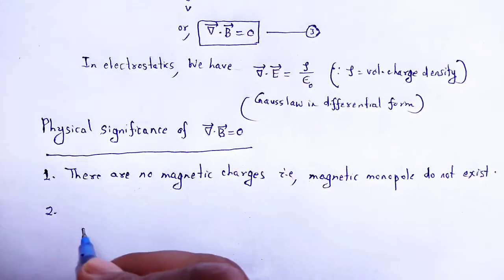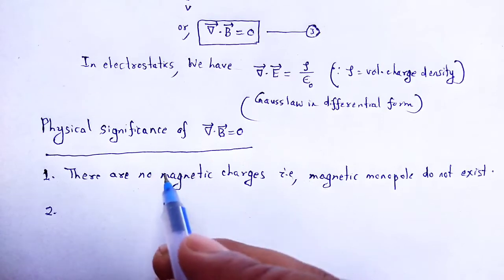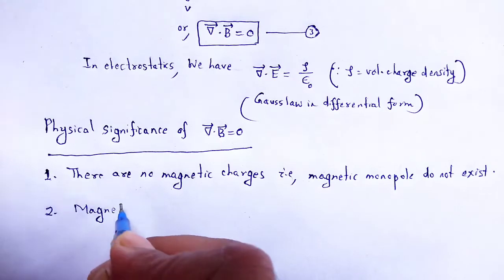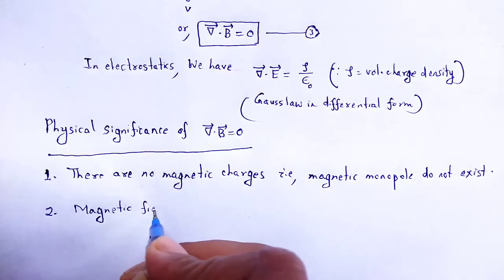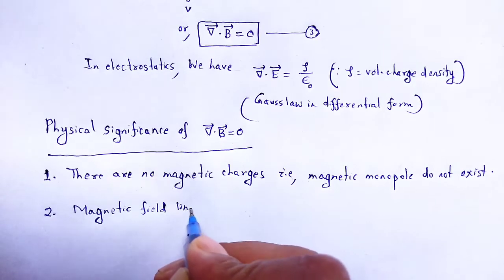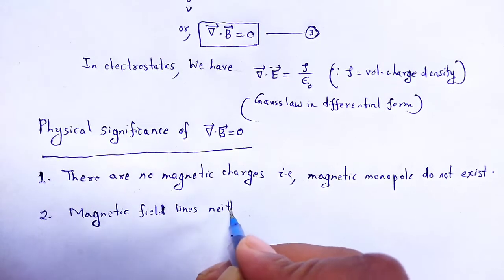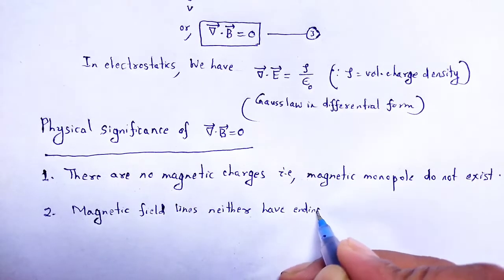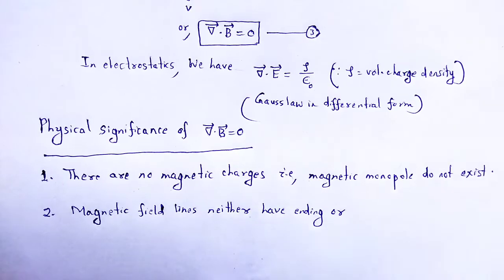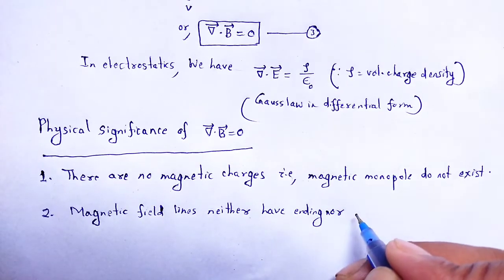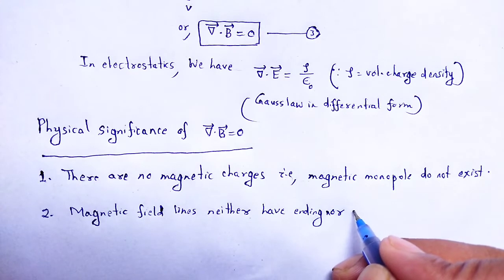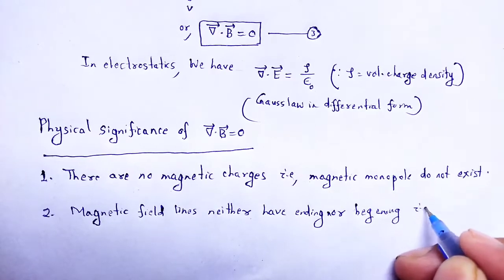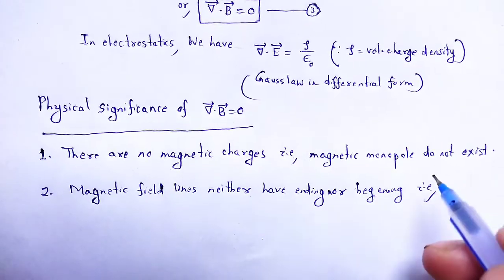Property number 2, magnetic field lines neither have ending nor beginning, that is these lines are continuous.